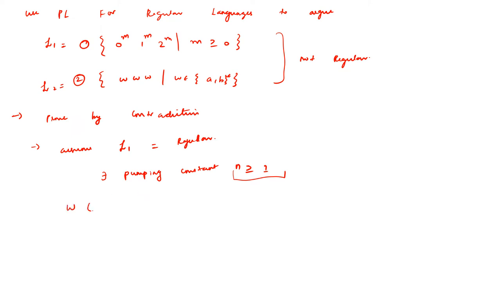If you take a string that belongs to L1, you can partition w into three parts x, y, z, and you can pump the middle part k times, arbitrarily, where k should be greater than or equal to 0.